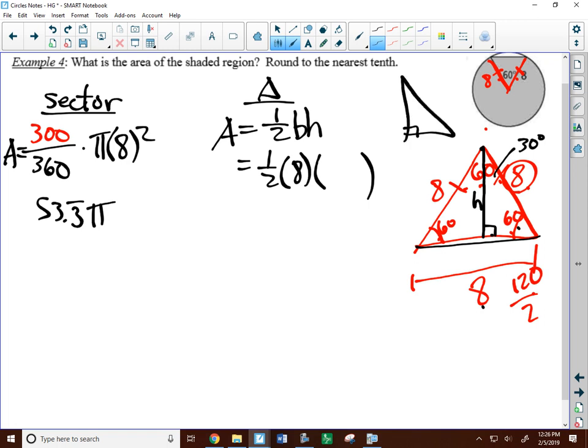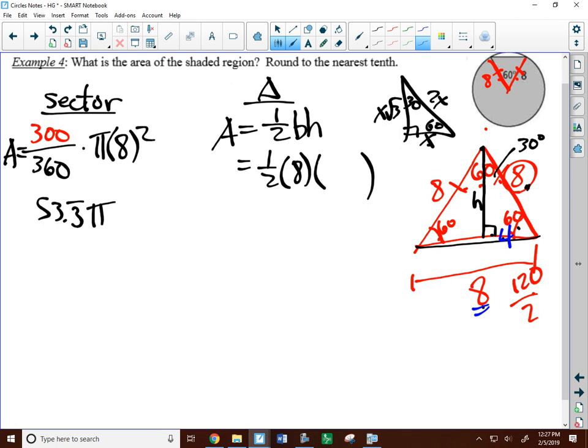Okay, here's the diagram from the formula sheet for 30, 60, 90. So 8 is the 2x, the hypotenuse of the right triangle. And so the bottom is the x, and that's half, and so that'll be 4. You also could have just cut that 8 in half, since it's equilateral, it's bisected.